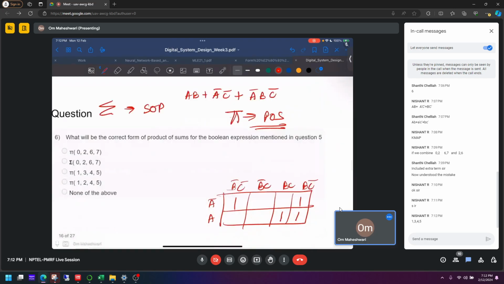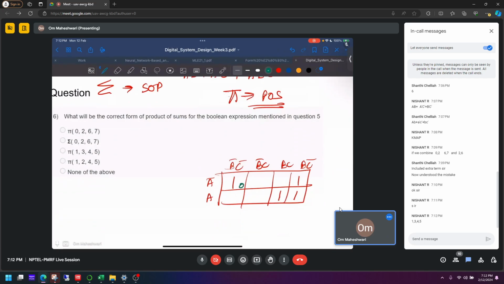And these were the numbers 0 1 3 2 4 5 7 6. So you had sigma 0, 2, 6 and 7, right?